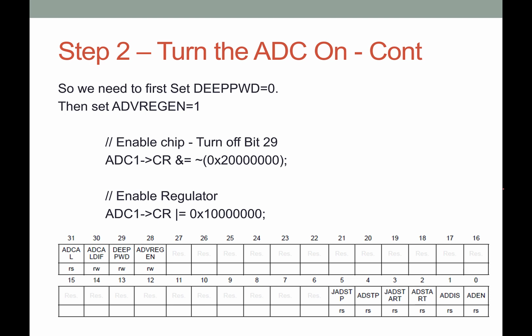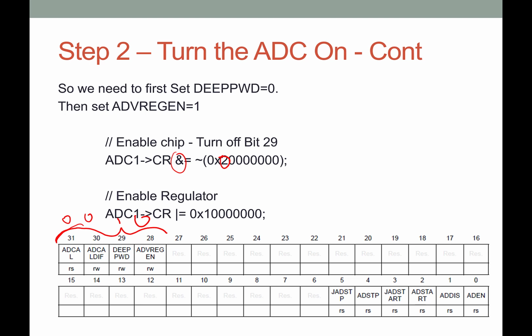So at first we need to set deep power down to 0. What do you see? You're ANDing. What we've basically done here is set this last set of 4 bits there to 0, 0, 1, 0, or 2.